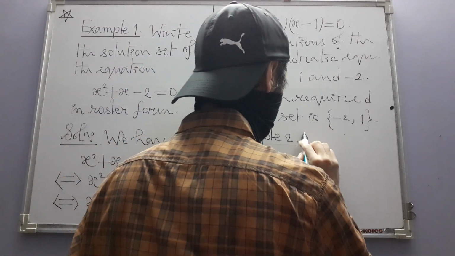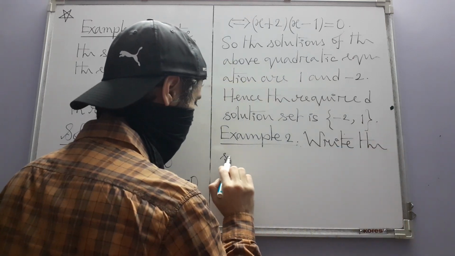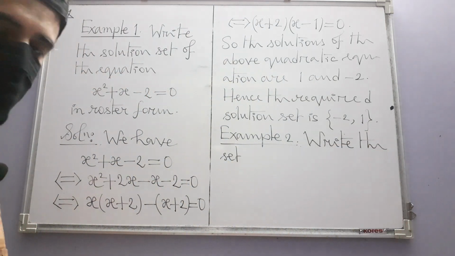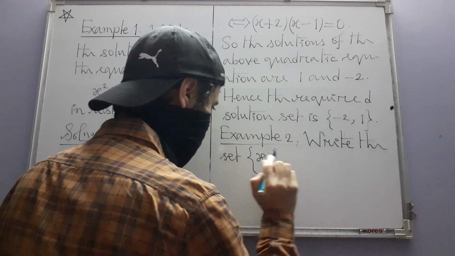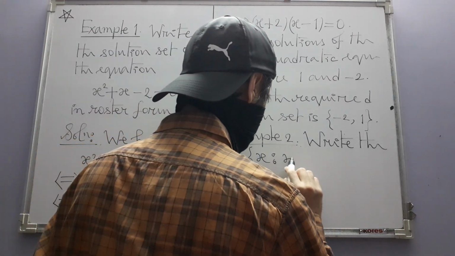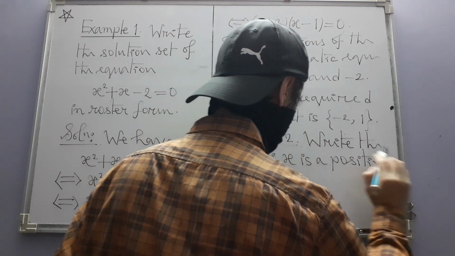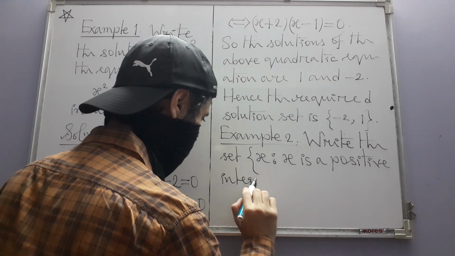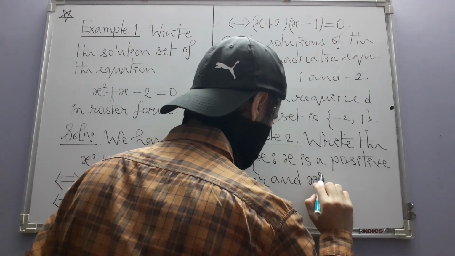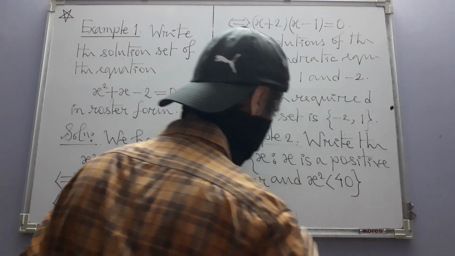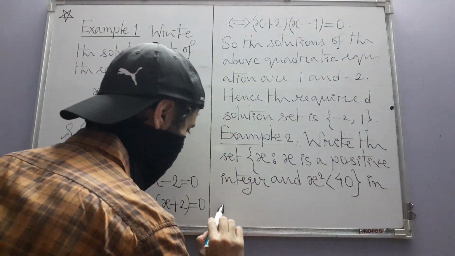Write the set given in set builder notation: x such that x is a positive integer, and the square of x is less than 40, in roster form.